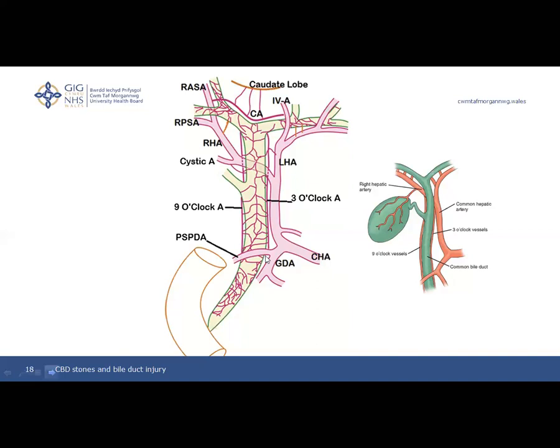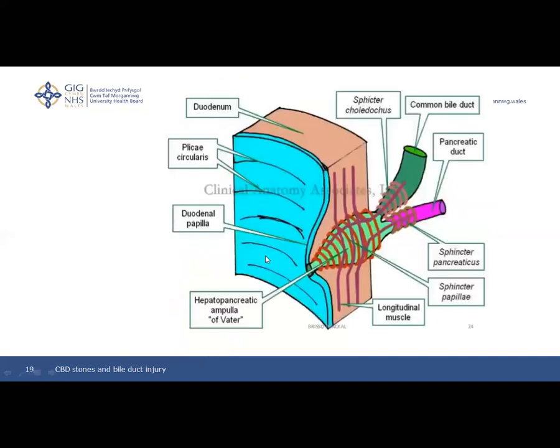So this is the anatomy of the sphincter of Oddi. As I said, the common bile duct combines with the main pancreatic duct to form the ampulla of Vater, which drains into the second part of the duodenum.